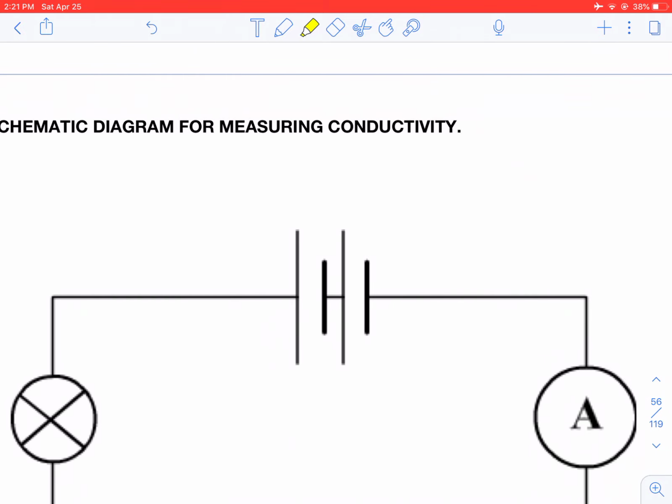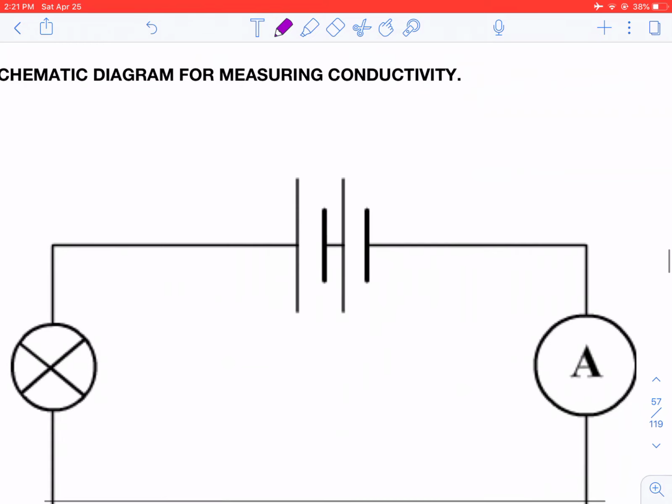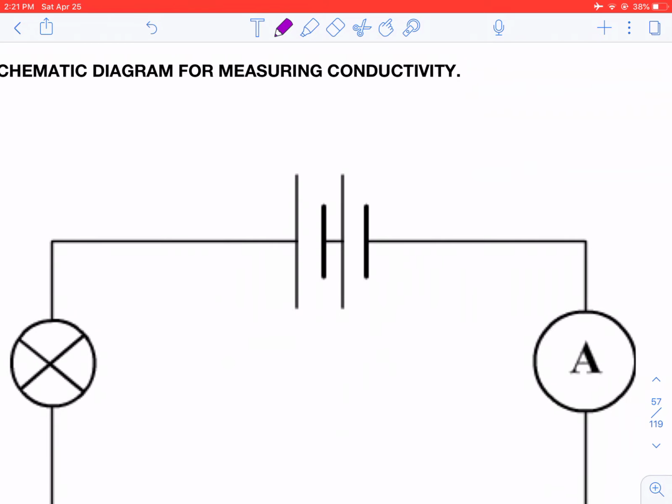I have, for instance, a battery. That is the negative terminal of the battery and that's the positive terminal of the battery. Then here we have a bulb.